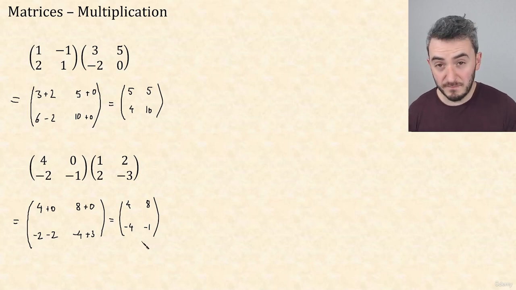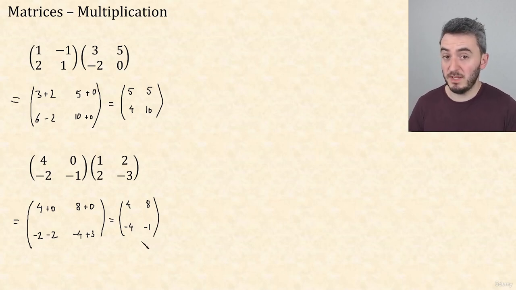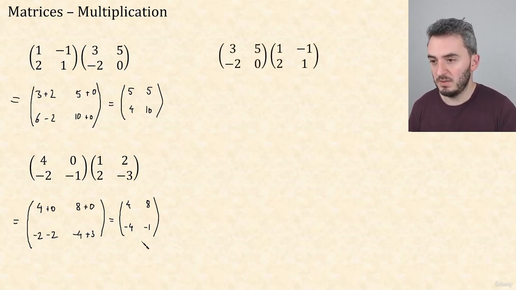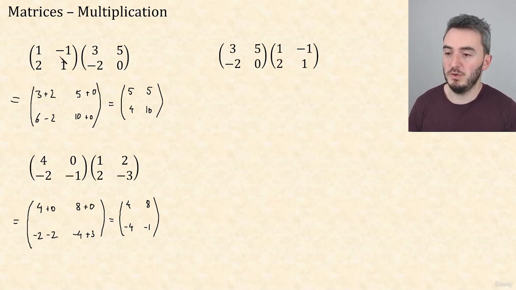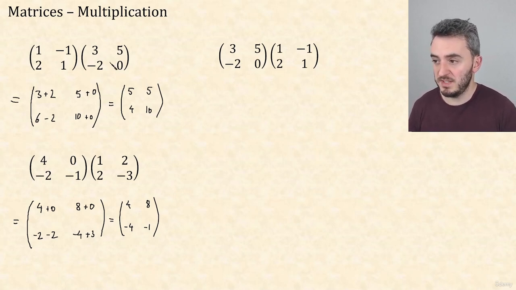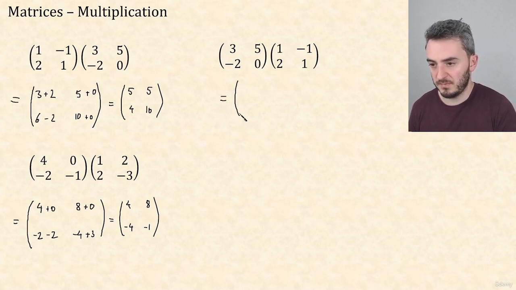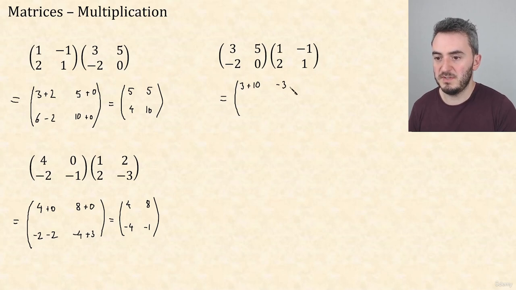Now, a very, very important property of matrices, which makes them a little bit counterintuitive, is the following. Let's just take these two matrices here and reverse their order. So rather than this matrix times this matrix, it's this one times this one. Well, surely that's going to be the same. Well, let's have a look. 3 times 1 is 3, plus 5 times 2, which is 10. 3 times minus 1, plus 5 times 1.